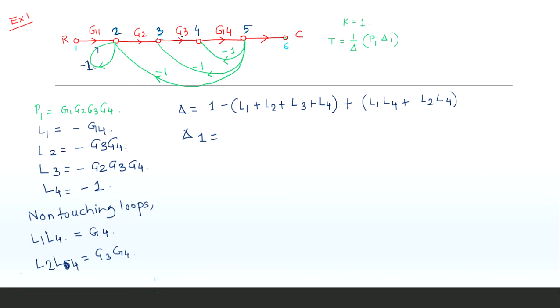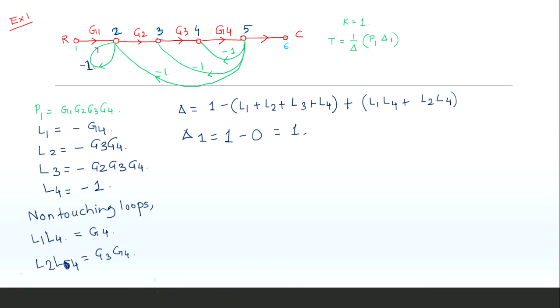No. Each and every loop is on the first forward path. So the determinant will be 1 minus the determinant part, that means there are no loops, so it will be 0. So delta 1 will be 1 for this particular signal flow graph.